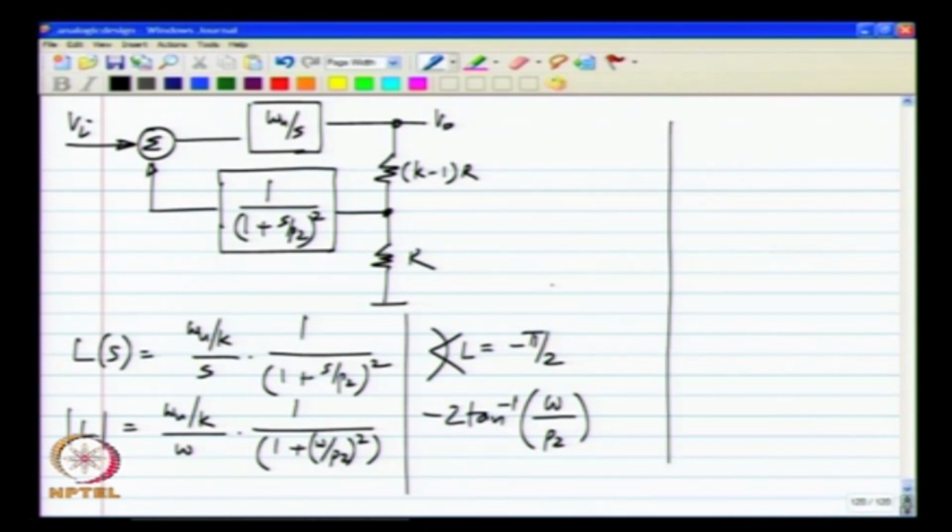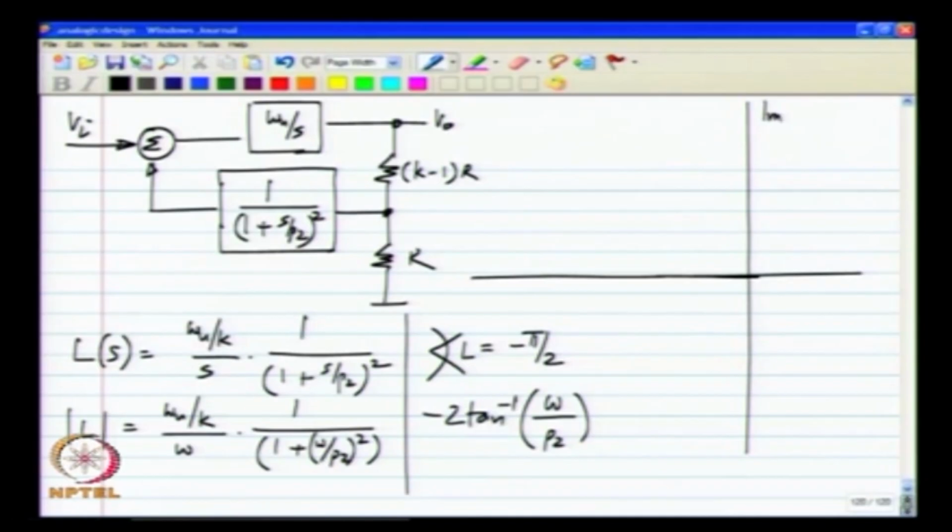So, again we plot our usual stuff. Let me move the y axis a little to the right: imaginary part of L and real part of L, and as usual we start from S equals 0, which starts at basically infinity, right.